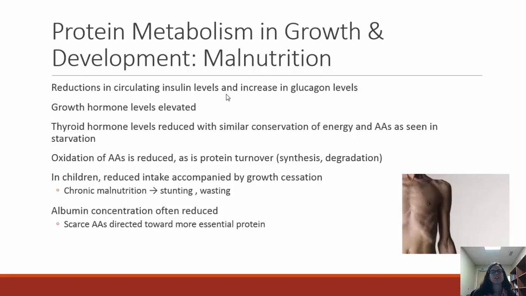So we can't really just attribute low albumin to malnutrition. So it's not as useful of a marker. Also, the half-life is pretty long, so we don't see a lot of changes during a short hospital stay.